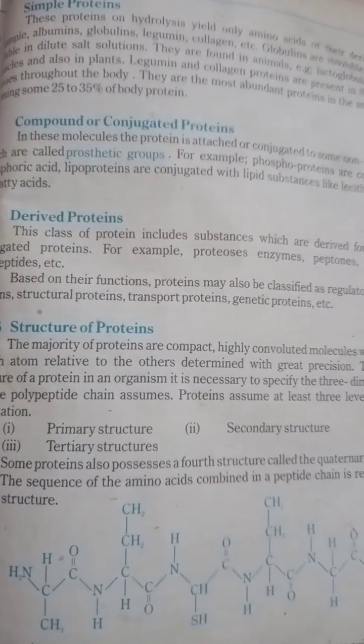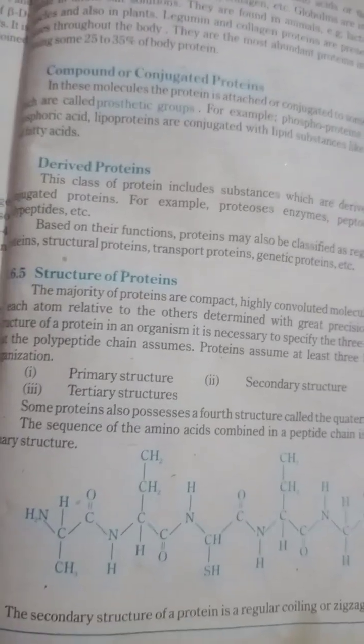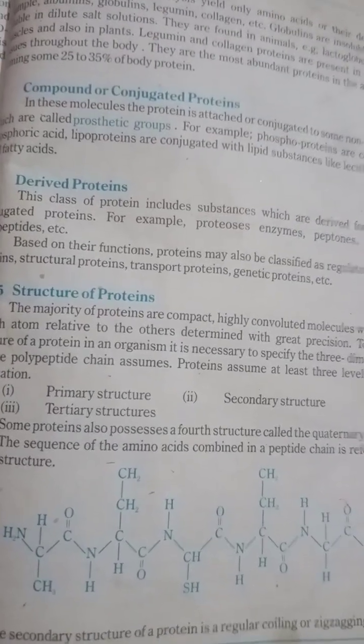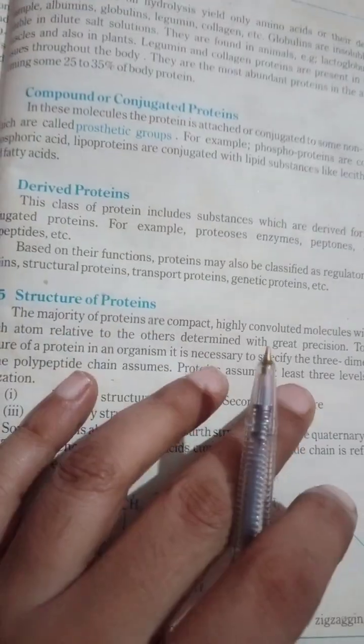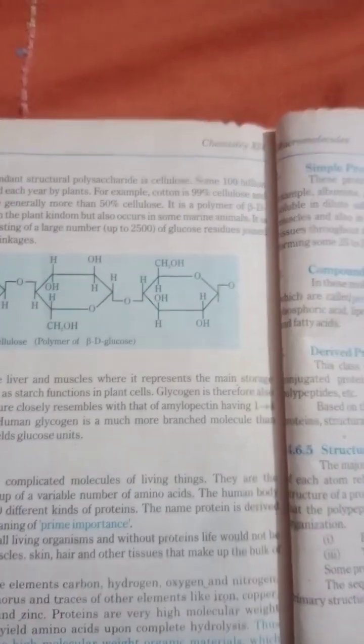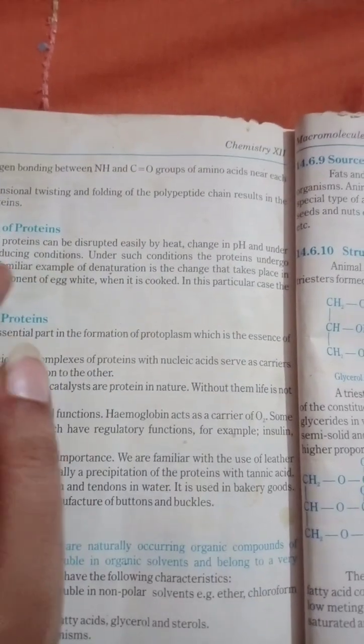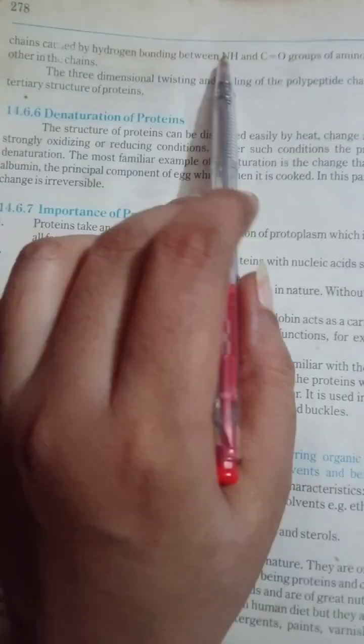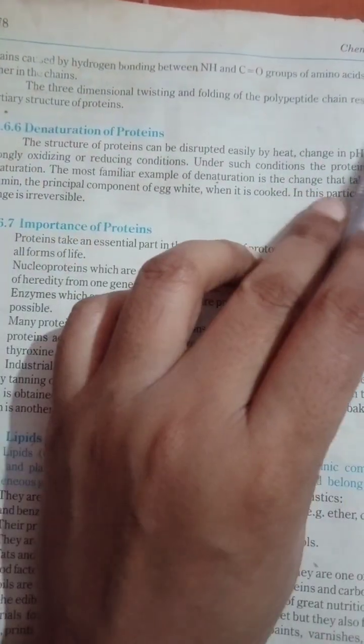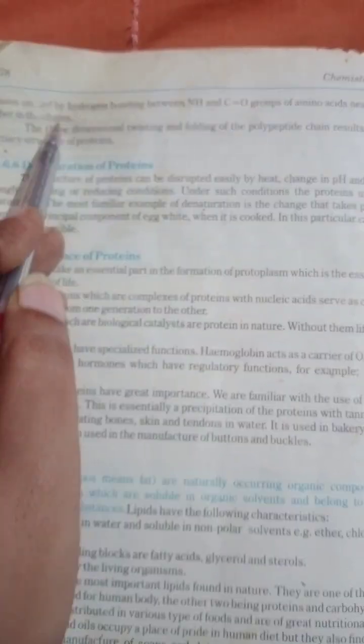The secondary structure of protein is the regular coiling or zigzagging of the polypeptide chains, held by hydrogen bonding between peptide groups near each other in the chain.